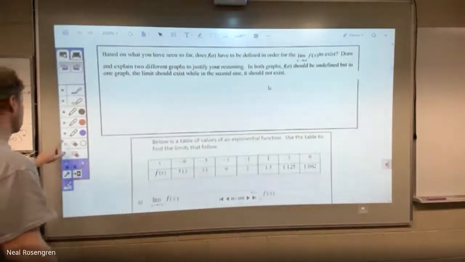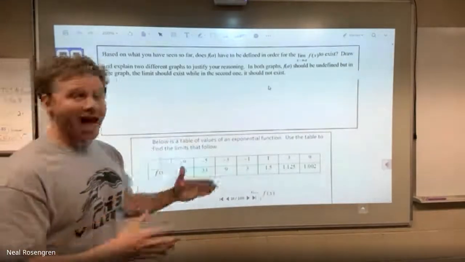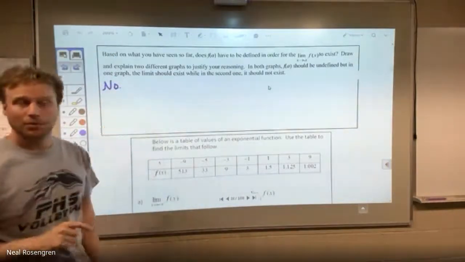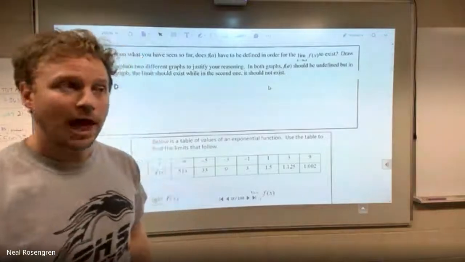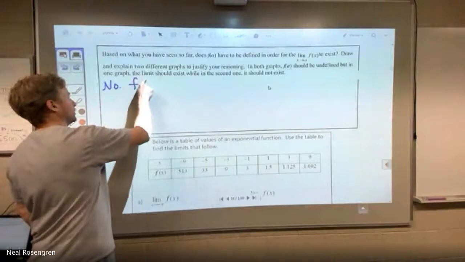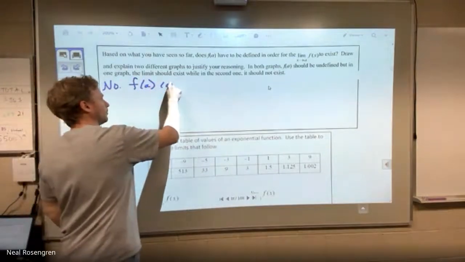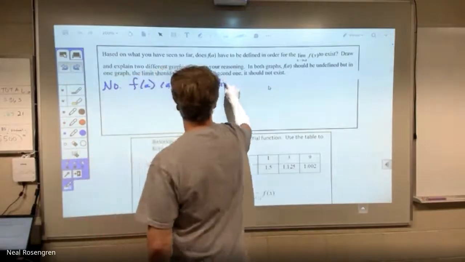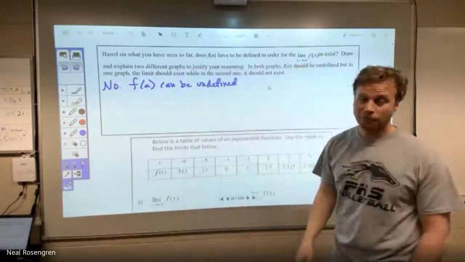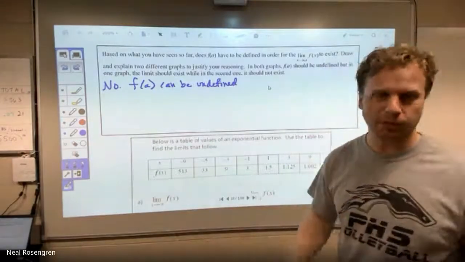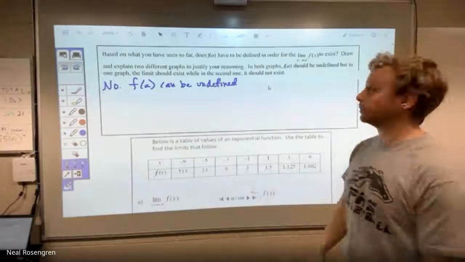So does f of a have to be defined? The answer to that question is no. F of a can be undefined. F of a can certainly be undefined, but it has to happen in a pretty specific way if we still want that limit to exist.